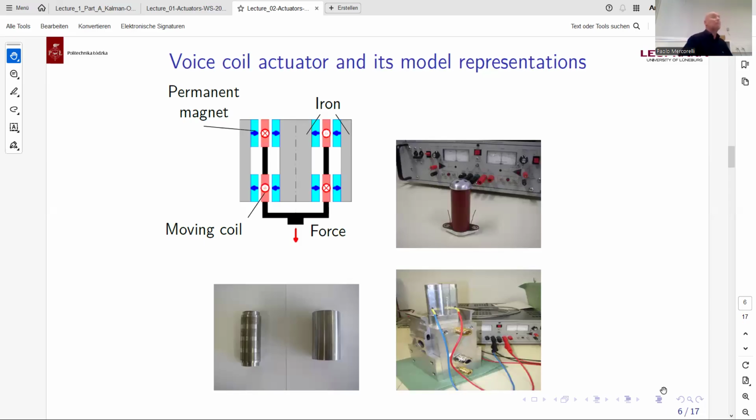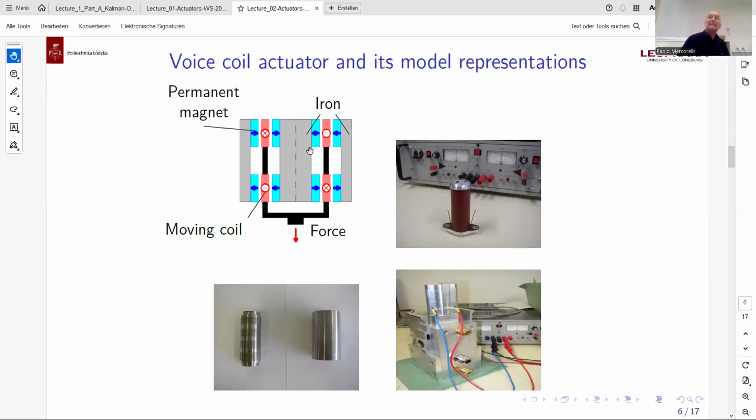Basically, we want to fill up the motor, the cylinder, excuse me, using an actuator, which is here. Here's the principle. Basically, this part here inside is the moving coil. Around, we have this iron here with permanent magnet.